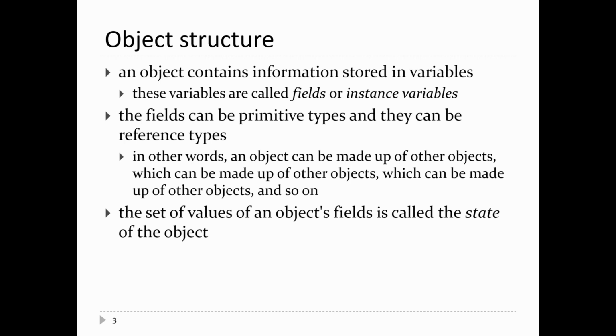In other words, an object can be made up of other objects, and those objects can be made up of other objects, and so on. Starting with very simple objects, that lets you make very complicated objects. The set of values, or the data that an object holds, is called the state of the object.